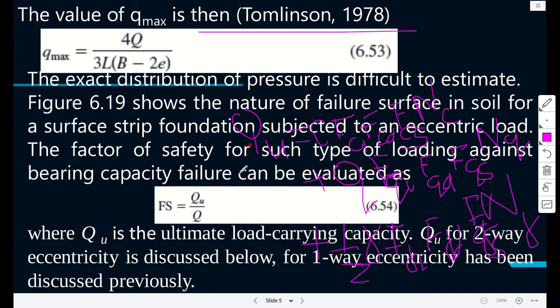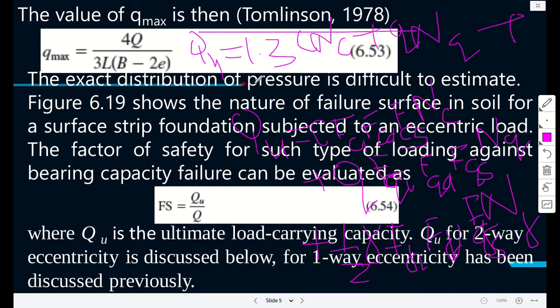So either you express it in terms of the Meyerhof factors, or if you want the traditional Terzaghi, 1.3 c Nc plus q Nq plus a half gamma B N gamma. I forgot B here. Anyway, it is the same kind of equation.